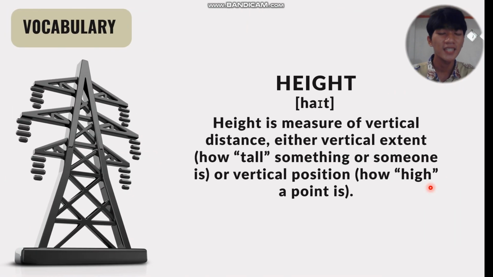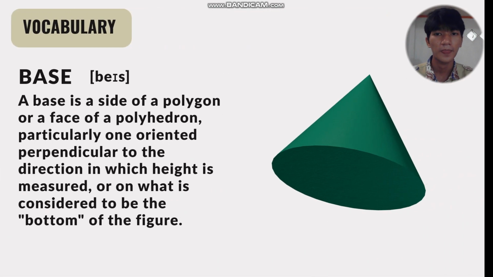The next word is height. Height is a measure of vertical distance, either vertical extent, how tall something or someone is, or vertical position, how high a point is. The next word is base.